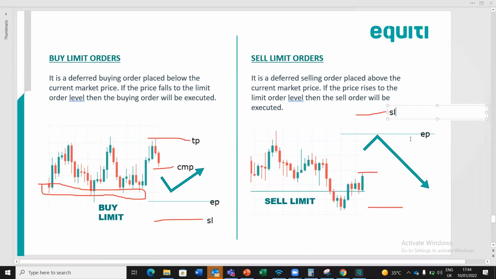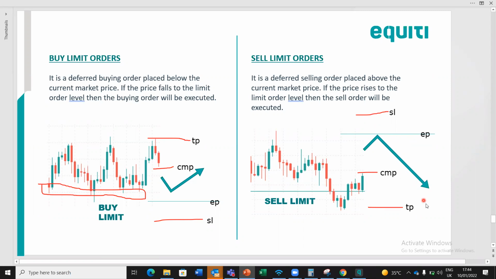This is our stop loss, this is our current market price, and this is take profit. It's still the same trade setup that we have been considering. The market is pushing up, and we want to sell. We expect that the market at this price bounces below, so we place our entry price for sell.